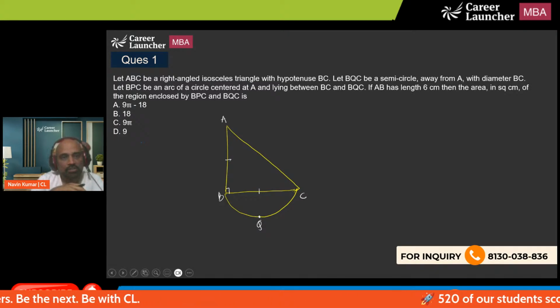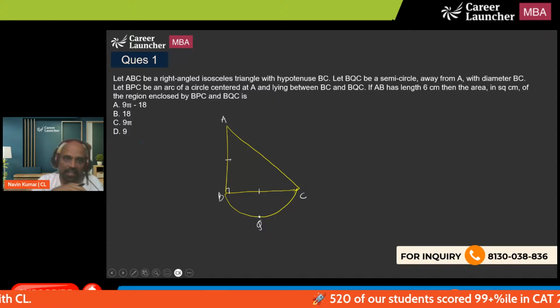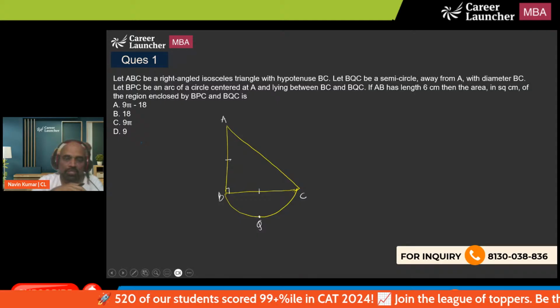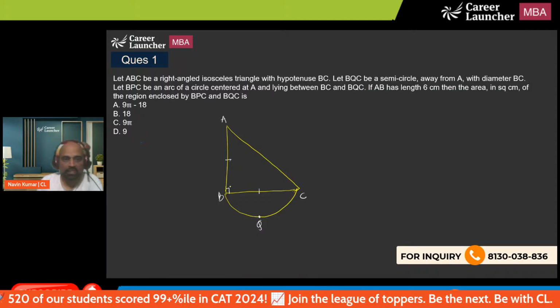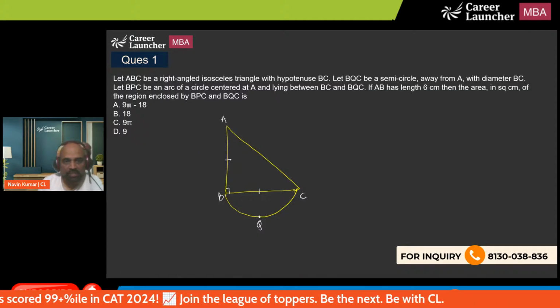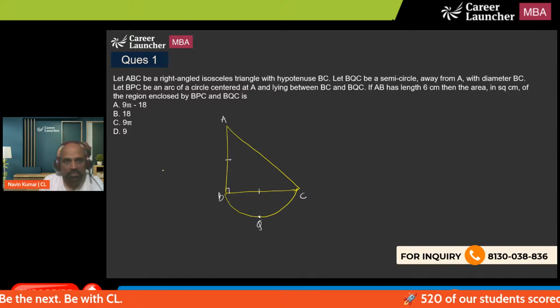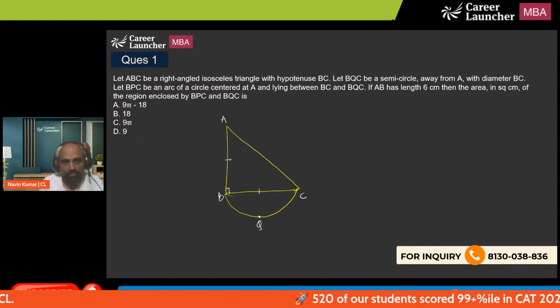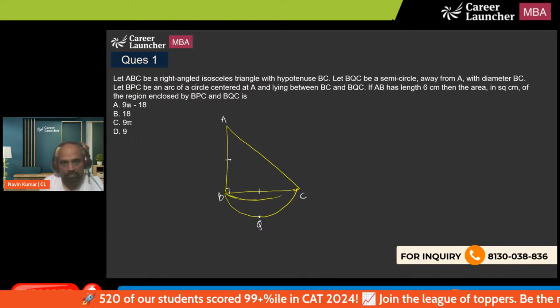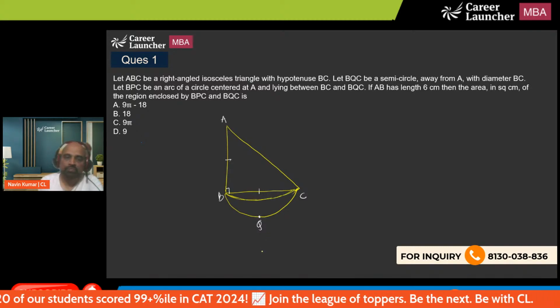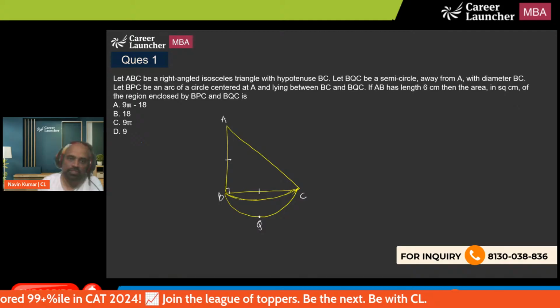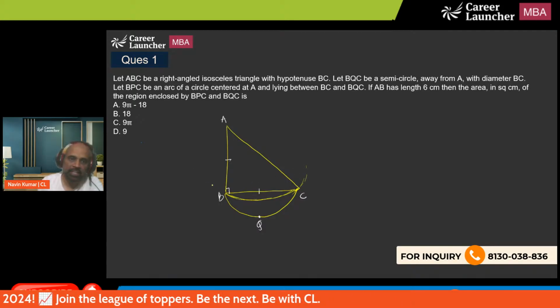So basically, it is telling us that if we draw a circle, so we are going to get a circle of this type by taking A as the center.